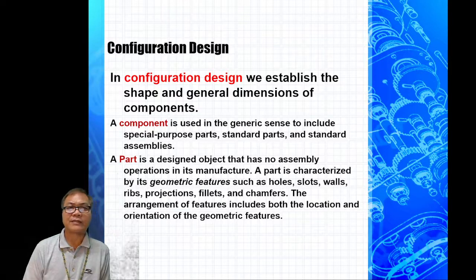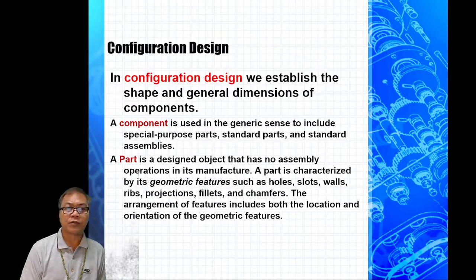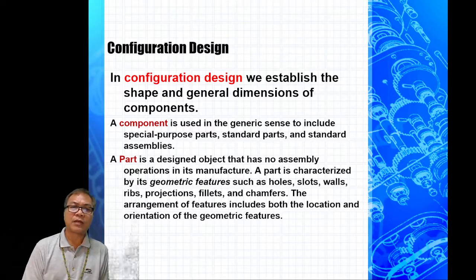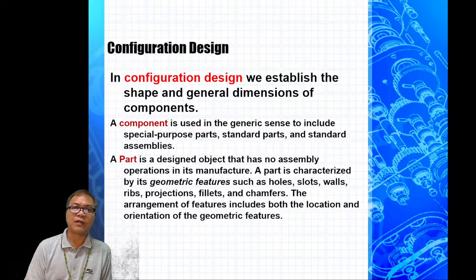A part is a designed object that has no assembly operations in its manufacture. A part is characterized by its geometric features such as holes, slots, walls, ribs, projections, fillets, and chamfers. The arrangement of features includes both the location and orientation of the geometric features. A part is more specific, while a component is made of several parts.